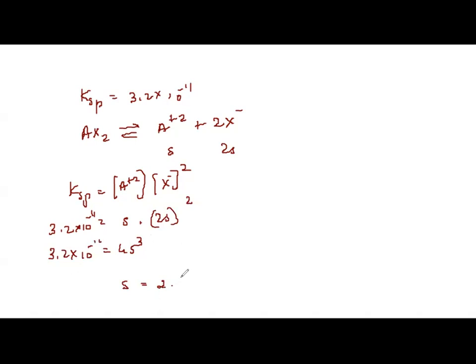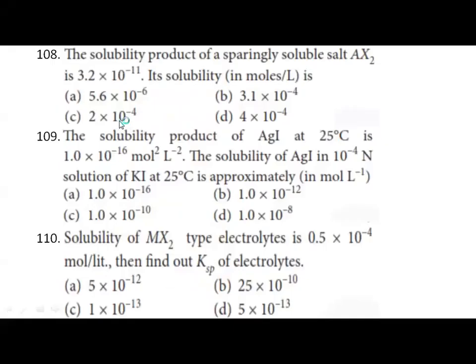Because 4 ones are 4, 4 8s are 32, it is 0.8 into 10 raised to minus 11, that is 8 into 10 raised to minus 12 equals S cube. Therefore S will be the cube root of this, and that comes out to 2 into 10 raised to minus 4. So the correct option is option C.